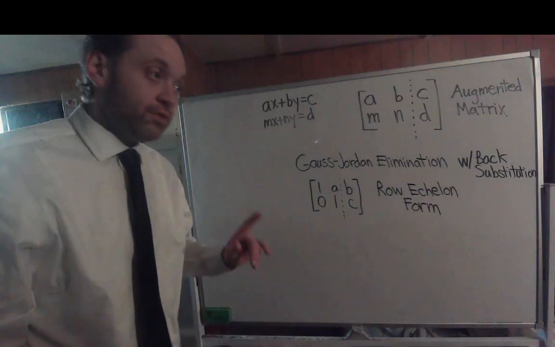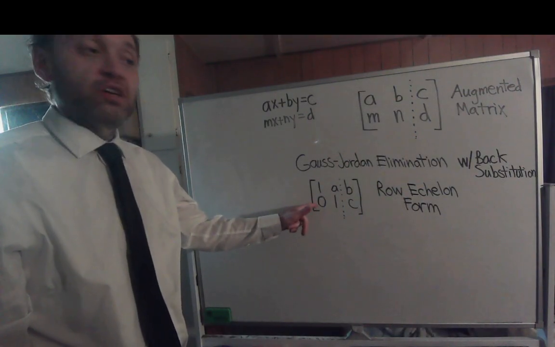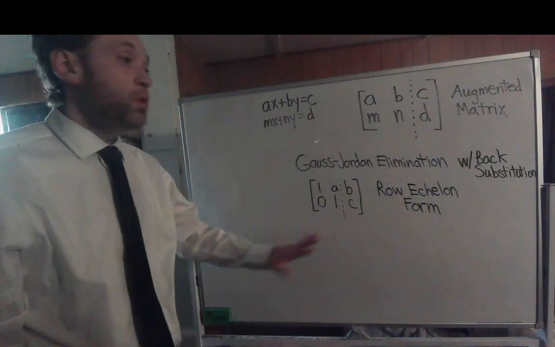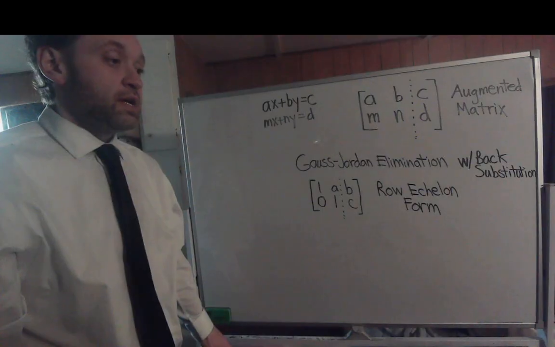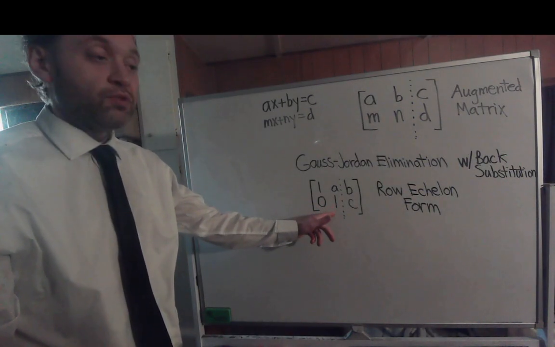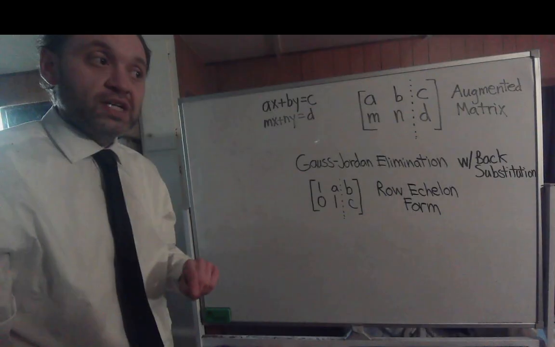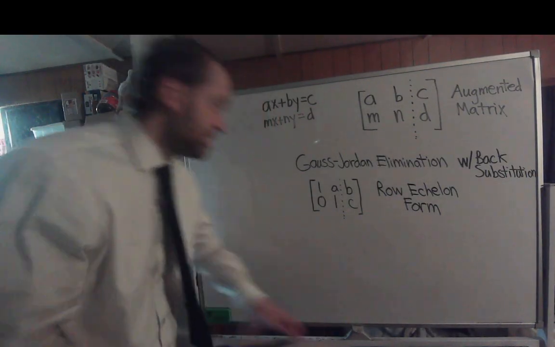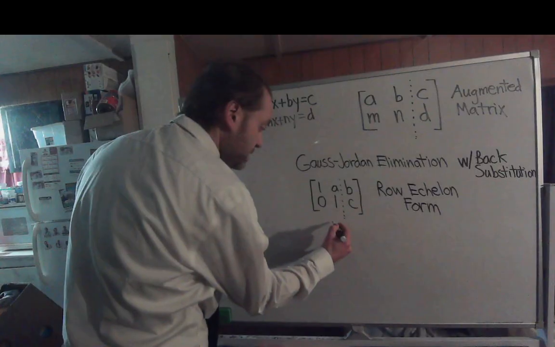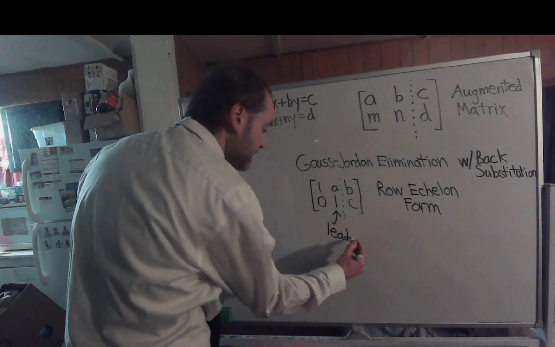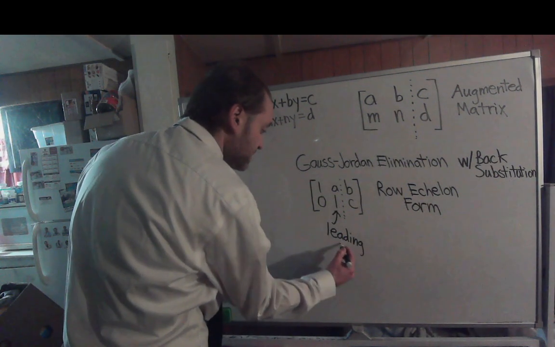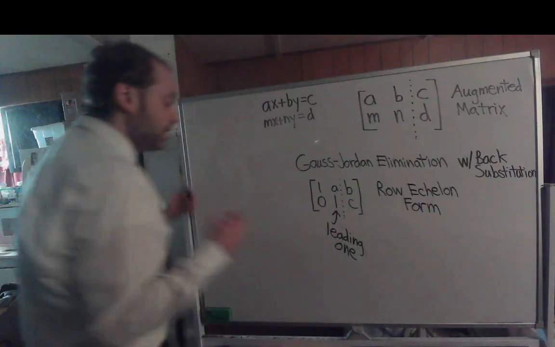Now in the second row, the very first term should always be 0. And then the next digit to the right of the 0 is called your leading digit. That leading digit must always be 1, called a leading 1.